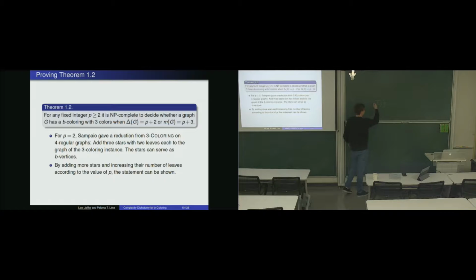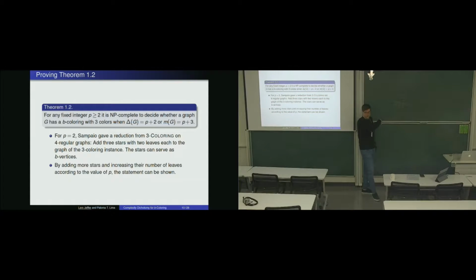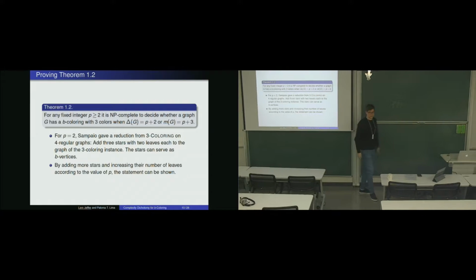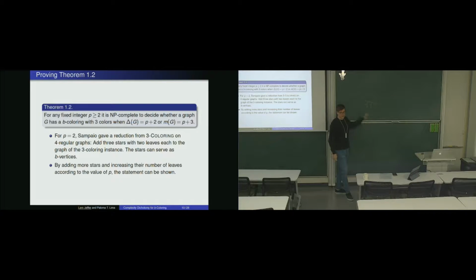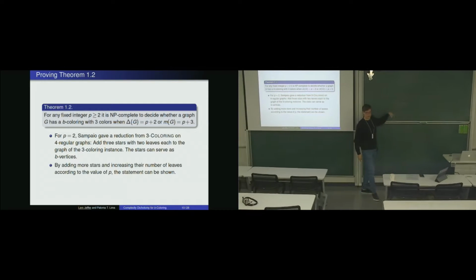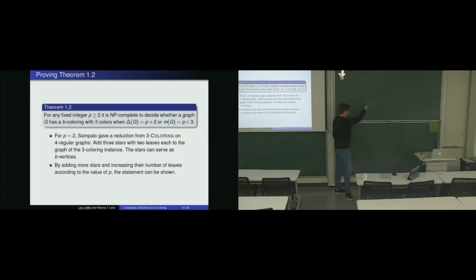Now, suppose we have a 3 coloring in G, then we can just give this vertex color 1, here 2 and 3, this vertex color 2, this 1 and 3, this color 3, and this 1 and 2. And then we have a B coloring of this graph. For the other direction, we always know that we can color the stars with 2 colors. So if we have a B coloring of this graph, then we also have a proper 3 coloring of the original graph, because we just forget about these guys.